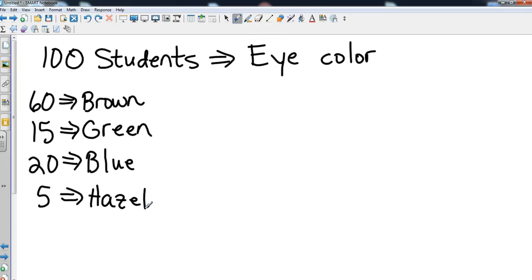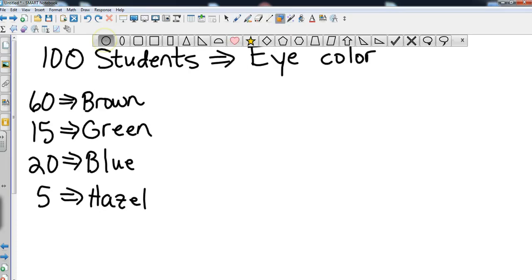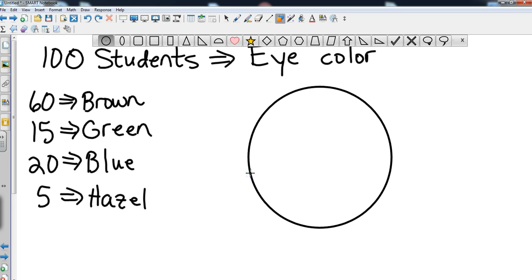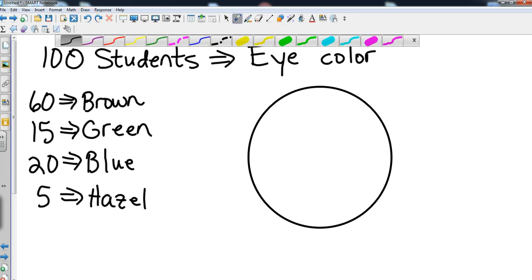So my guess on this one would be a pie chart, because I've got 100% of the students, and I could do each piece of the pie with their eye color. We could also change that into percentages, and so I did 100 for a reason, so it'd make easy percentages.